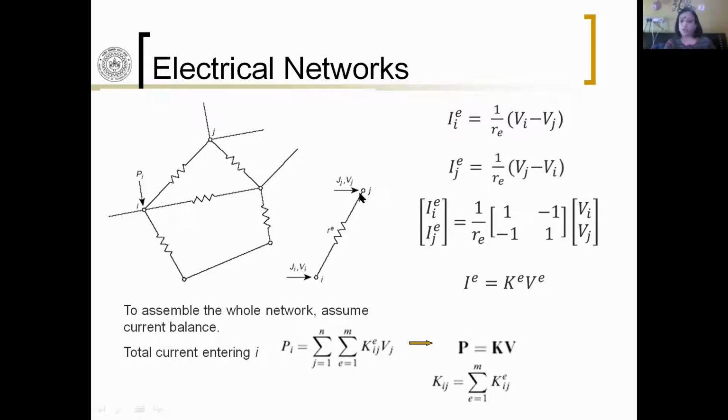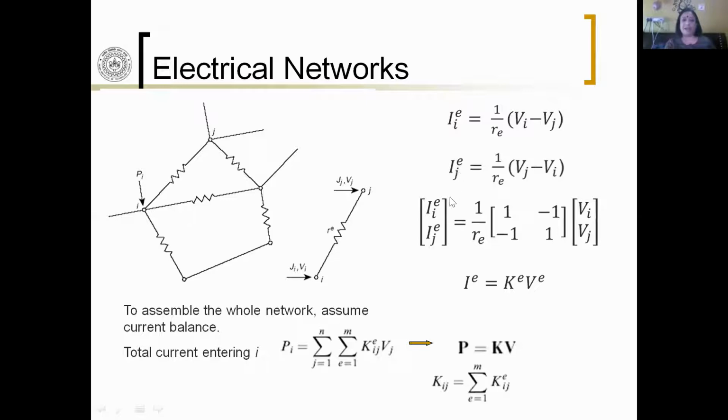So what do I know? I know the values of two parameters at only the nodal positions. So I know that IIE, the current that is flowing in the element from I towards J, is IIE equal to 1 by RE times (VI minus VJ).